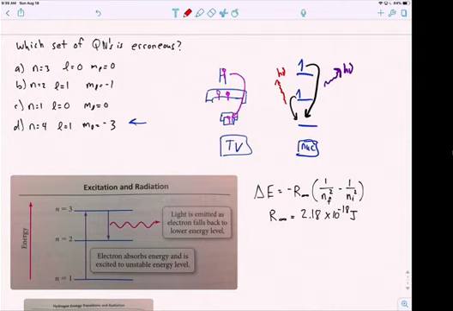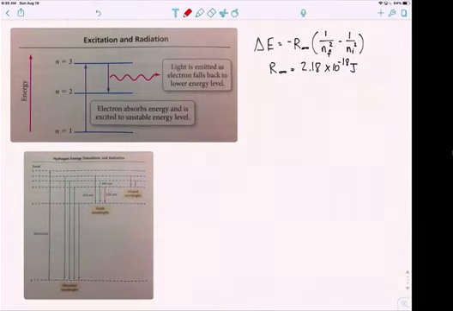And this is what's happening to atoms. So excitation, relaxation. If you have, in the n equals 1 level, energy absorbed by the electron, and it's unstable and wants to relax down, when it relaxes down, it emits light.